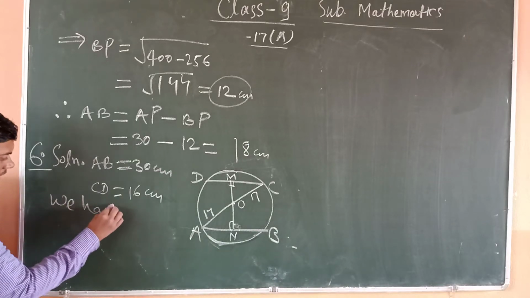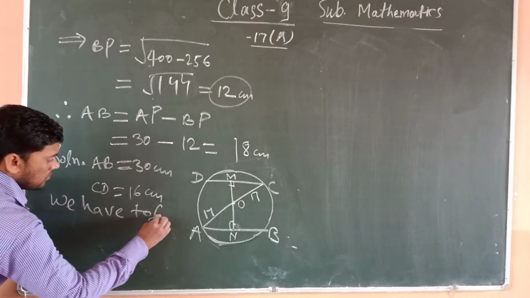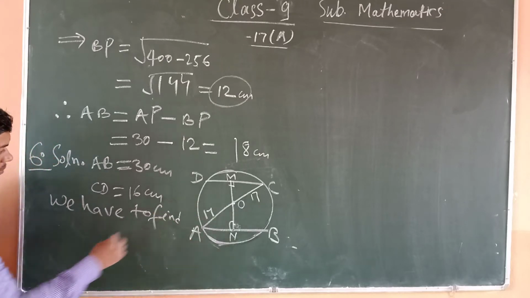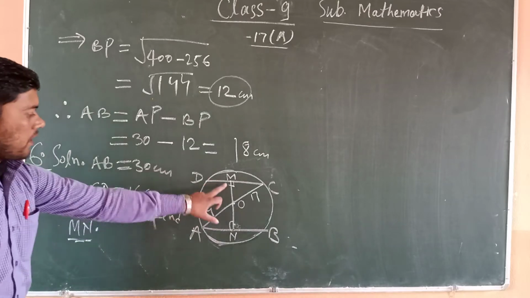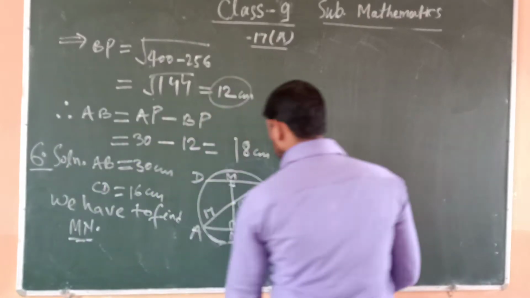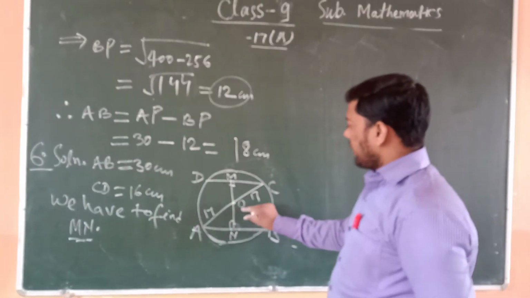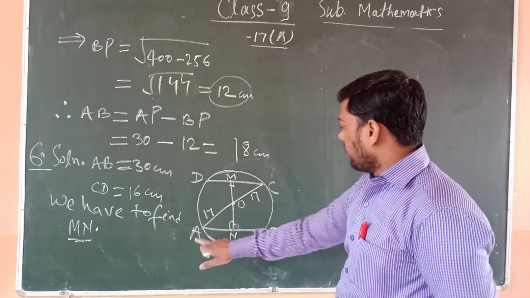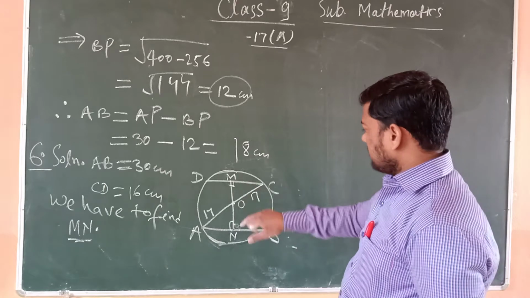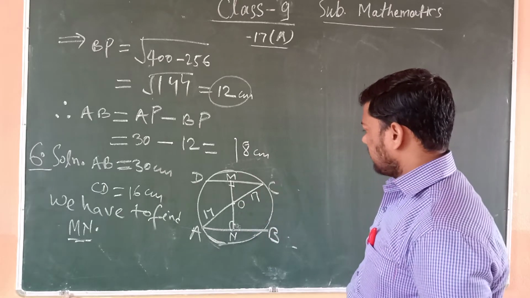We have to find MN. MN is equal to ON plus OM, and ON is in triangle OAN and OM is in triangle OMC.